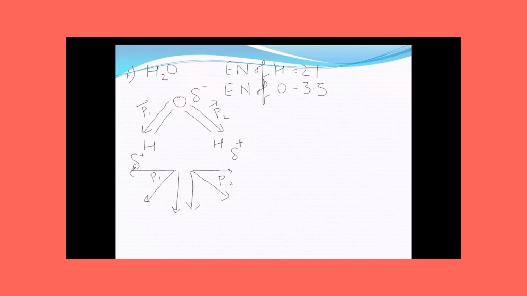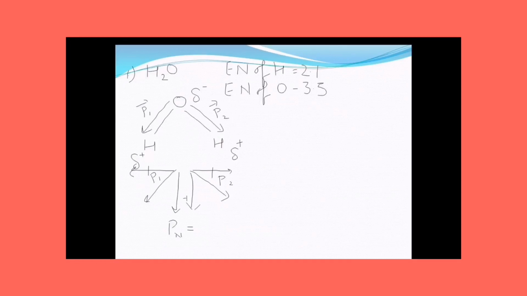You can see that the x components will cancel each other, but the y components will add up, giving a net dipole moment to the molecule. So water is an example of a polar molecule. Here its dipole moment is not equal to 0.